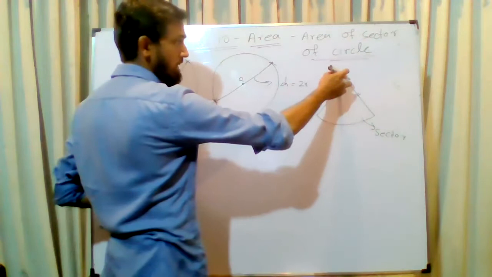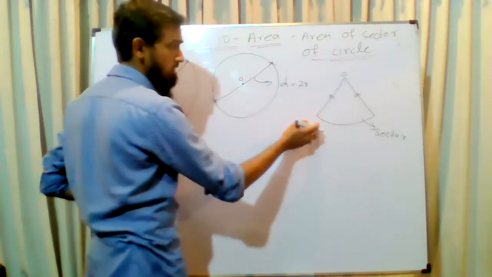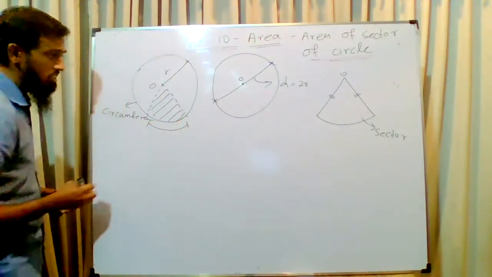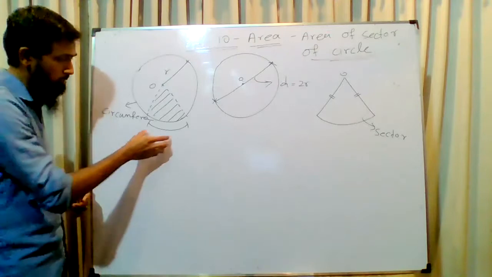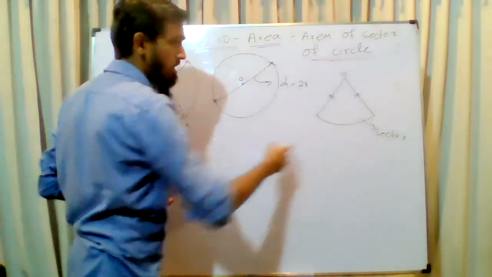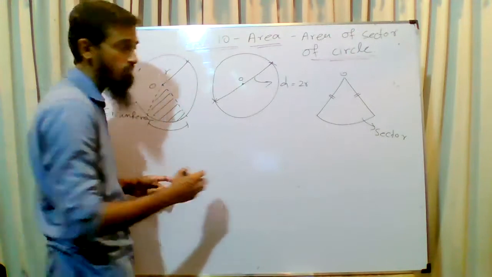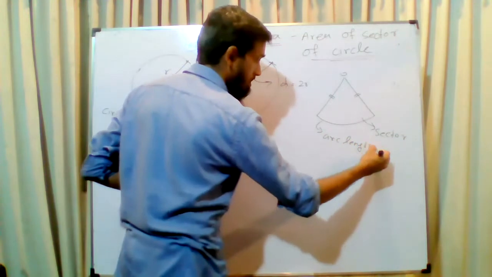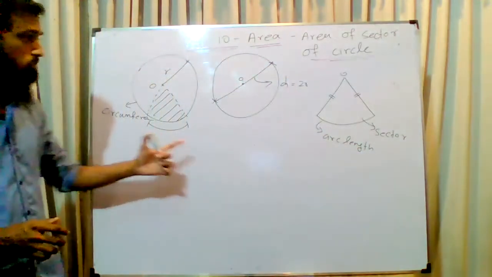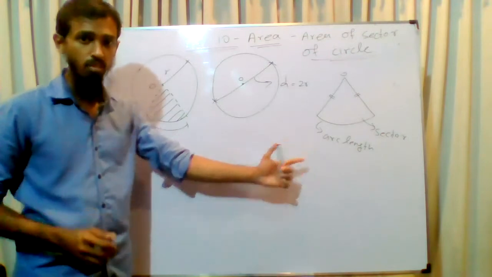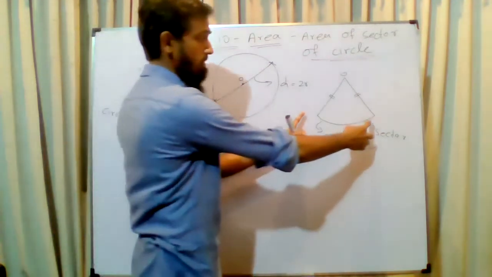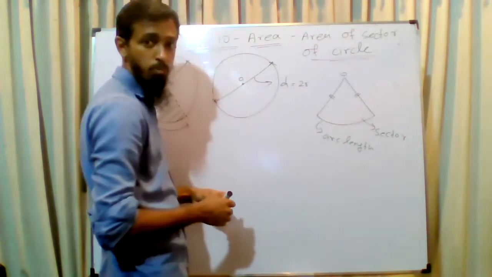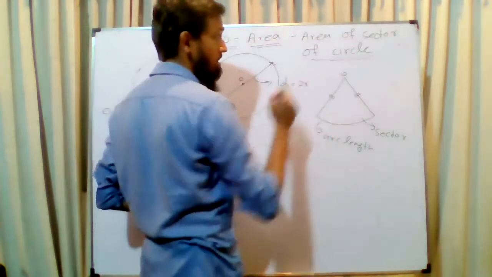The center, the circumference. This part is the circumference because it is part of the circle. A portion of a circumference has another special name, called arc length. The end points of the arc length are connected to a point, and that point is always the center.